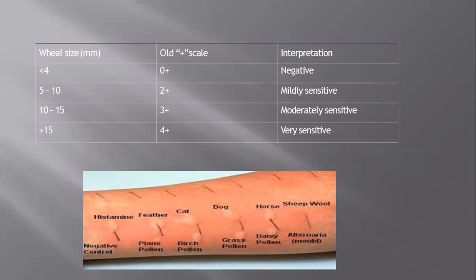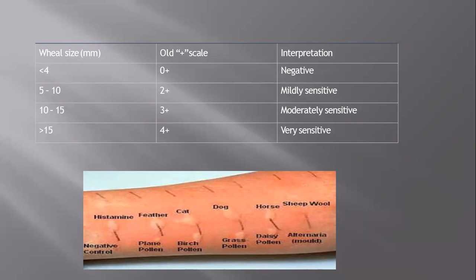Less than 4 mm, we are giving a score of 0 plus, which indicates negative, the individual is not having any allergic reaction. Then if the wheal size is 5 to 10 mm, we are going to give a score of 2 or 2 plus, which indicates mildly sensitive.